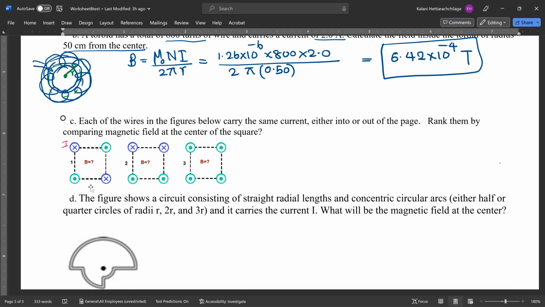As you can see, in I label as blue and out I label as green. Rank them, comparing the magnetic field at the center of the square. So we're going to calculate the magnetic field at the center of the square, not exactly the magnitude. First I need to check the direction.